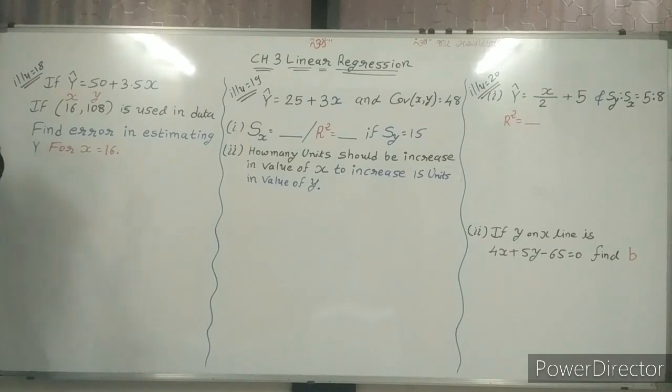Always in the bracket, whatever information is given, first is x, second is y, as used in this data. This is written in short after reading the question. Now find the error in estimating y for x is equal to 16.